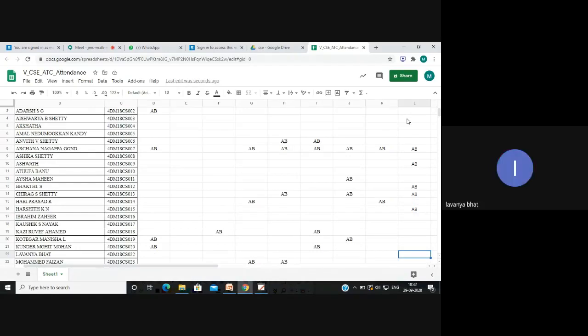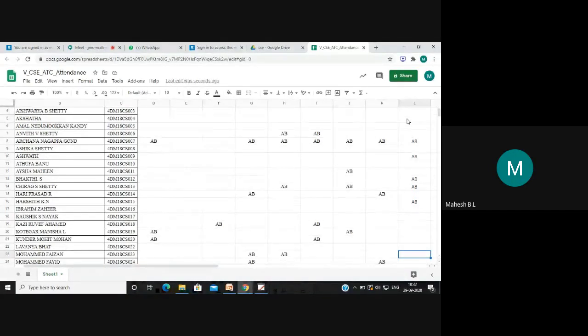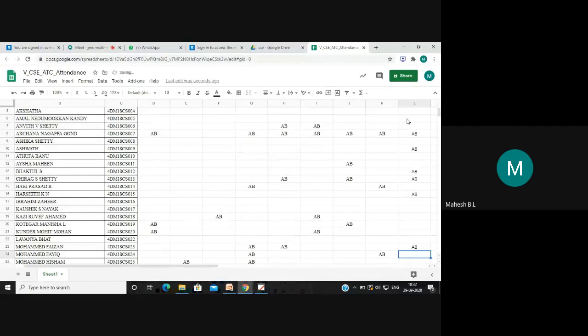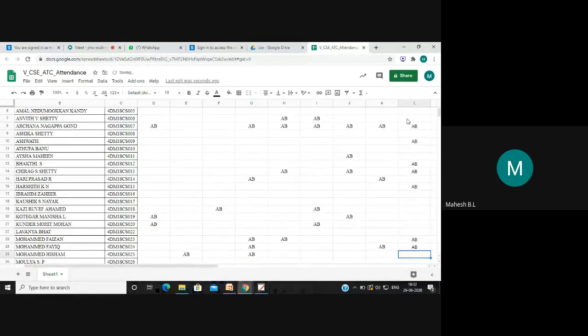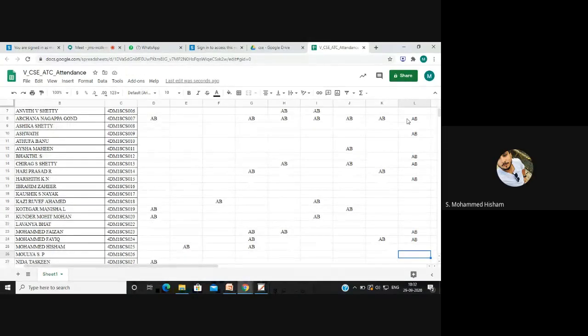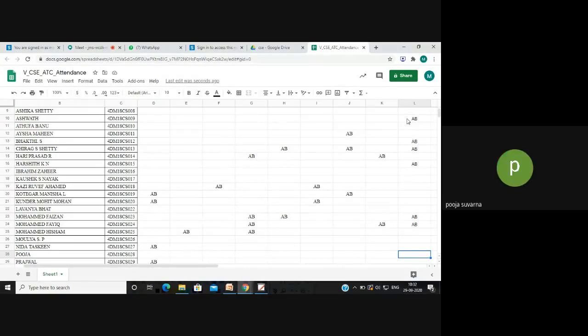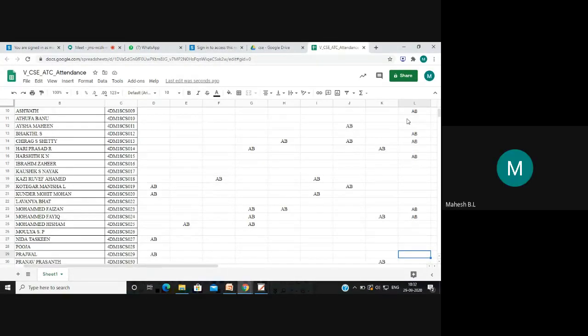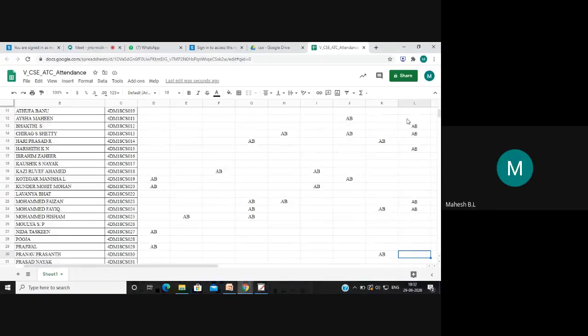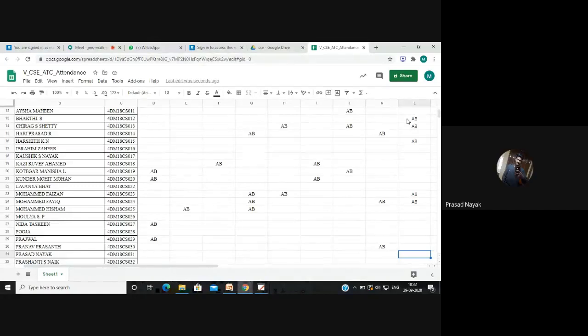Lavanya, present, sir. Hisham, present, sir. Pooja, present, sir. Pranav, present, sir. Prasad, present, sir.